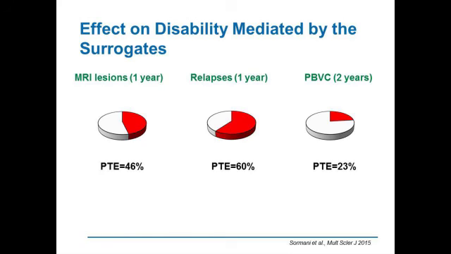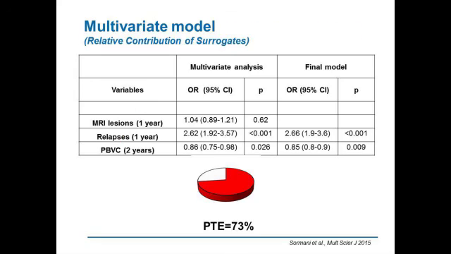But interestingly, as shown in the subsequent slide, when we put all these effects in a multivariate model, it came out that the effect on MRI lesions and the effect on relapses were telling the same thing. And in fact, the effect on MRI lesions lost its significance.